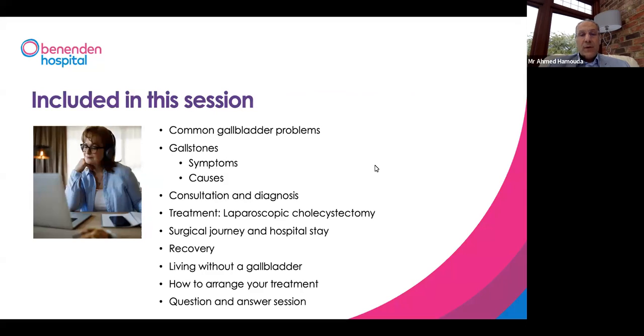What are the symptoms? So how you present, basically, what causes them, and then the consultation that we have here at Benenden and what we do to diagnose the problem. Moving on then to management, how we treat it, what to expect with your journey through the hospital, what to expect with recovery, living without your gallbladder, and how to arrange your treatment, followed by a Q&A session.